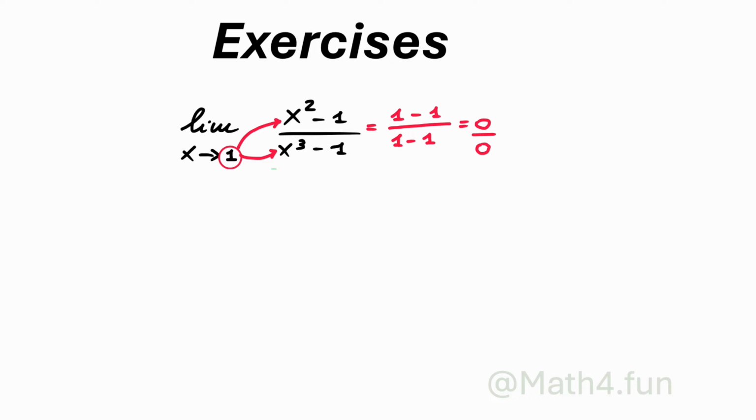If we try to put the value in this expression, we have 0 divided by 0. This form is not clear in our mind, but we can write this expression in another way.